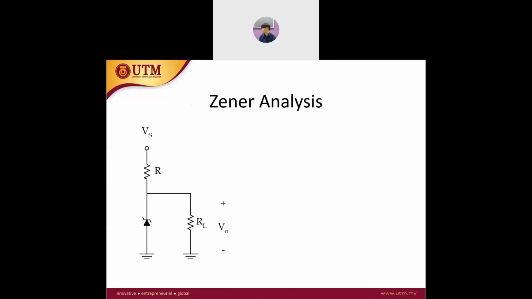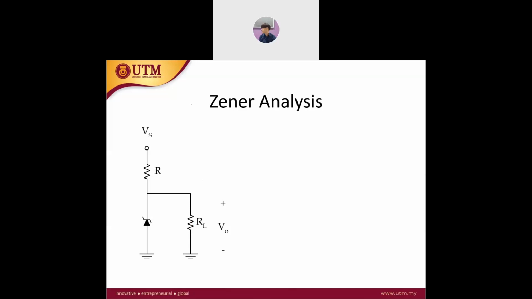Let's recall that a Zener diode is designed specifically to operate in the breakdown region. If it's forward biased, it behaves just like a regular diode with a diode drop, for example 0.7 for silicon and 0.3 for germanium.